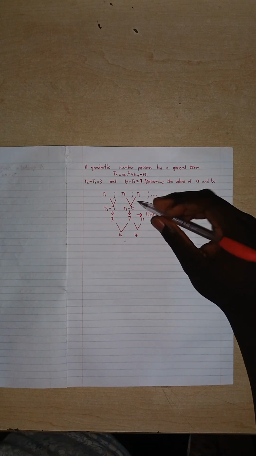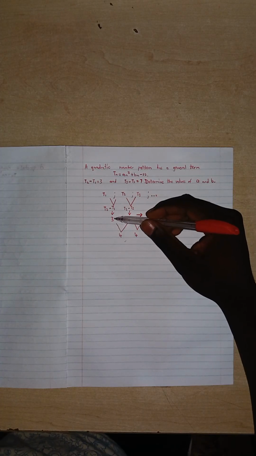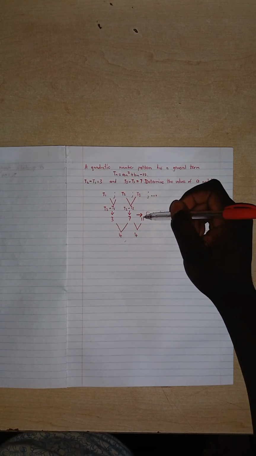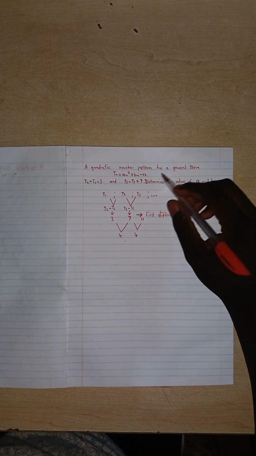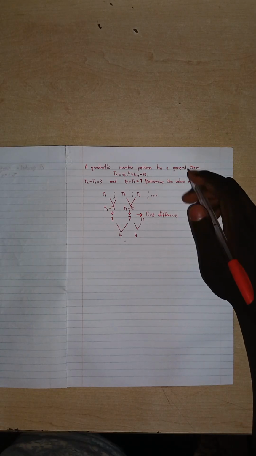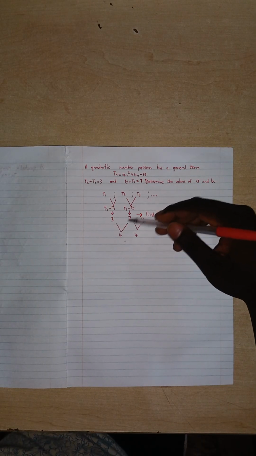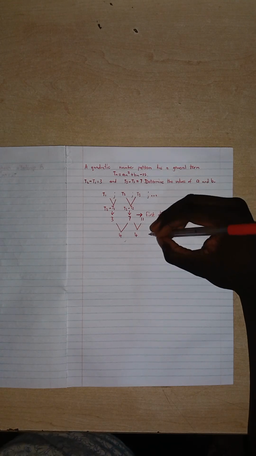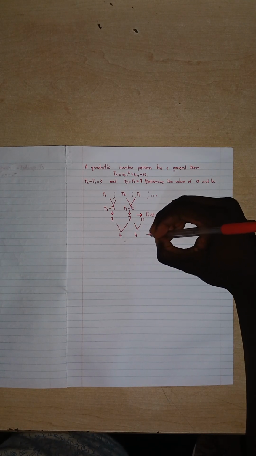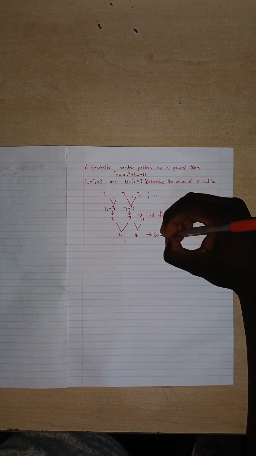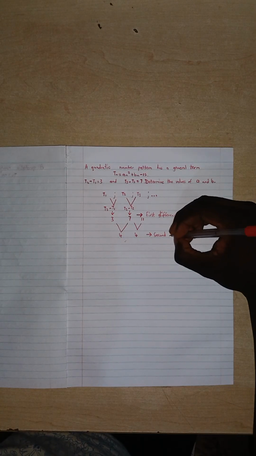So we now know the first difference is 3, 7 and 11. We managed to get that because of us pretending. So our constant second difference is 4. Let's show this as our second difference.